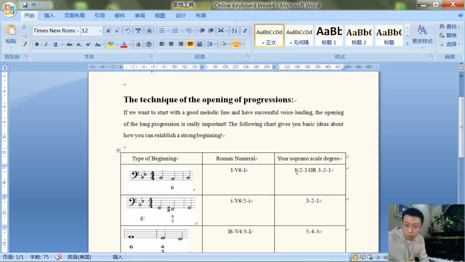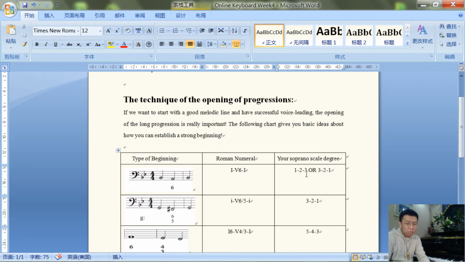If you see that I don't put 1-3 in the soprano, this is because, let me try, if I use soprano scale degrees 1-3 on the top. Again, you will see, oh, it sounds nice, right?